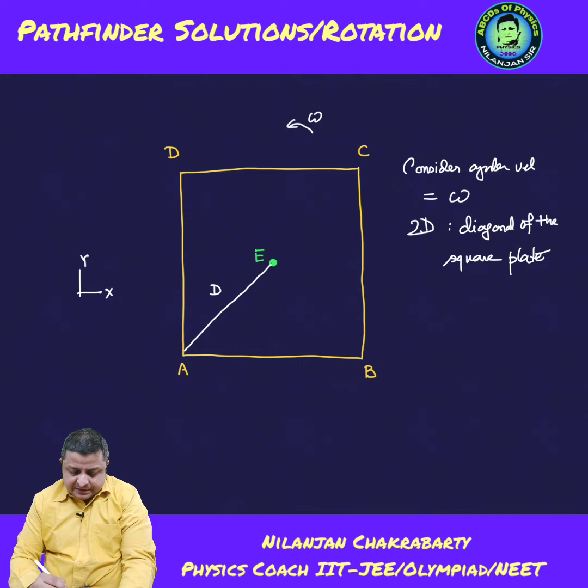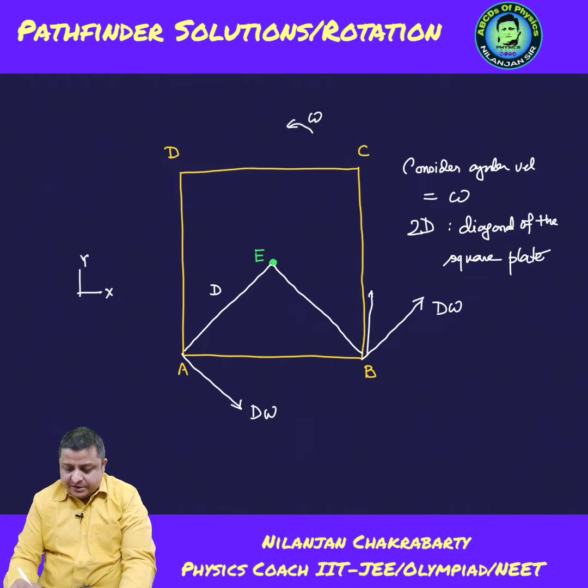That means the velocity of A is d omega, and velocity of B with respect to the center E, that is also d omega. So this is d omega by root 2, and that's also d omega by root 2. This I am talking with respect to E, center of mass.